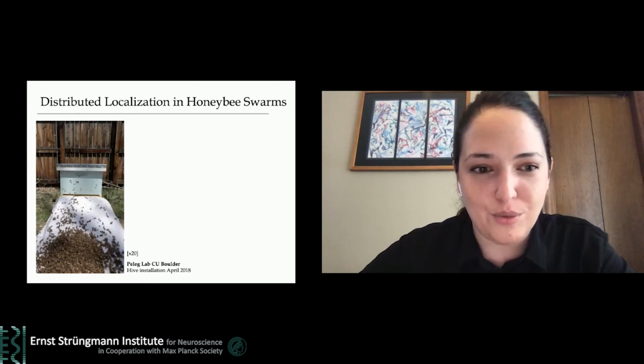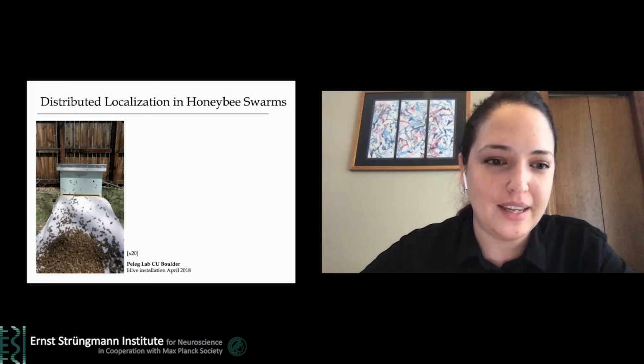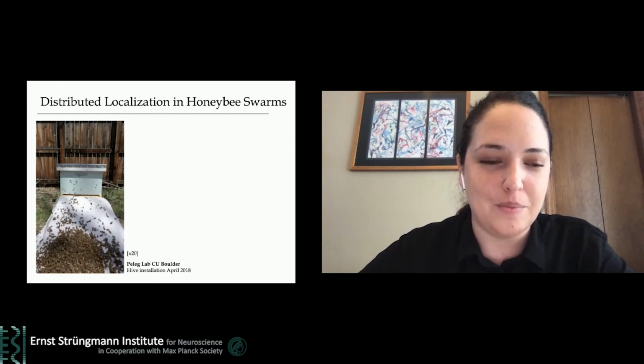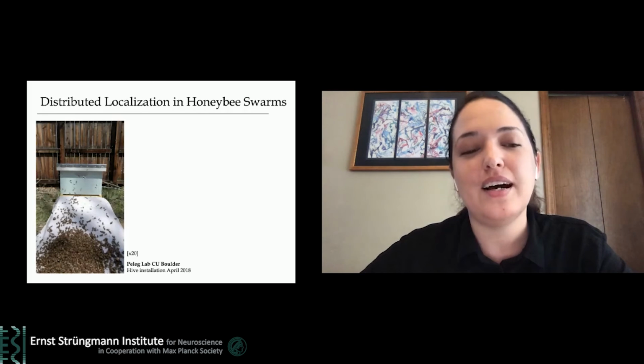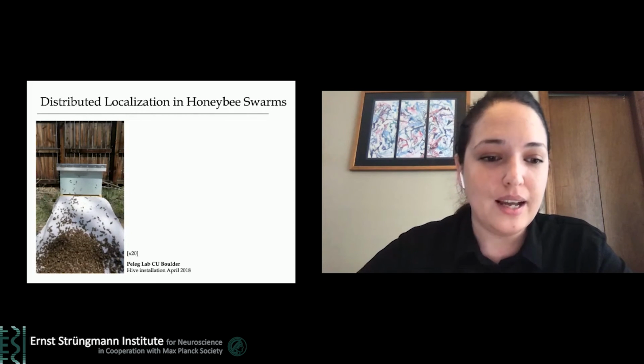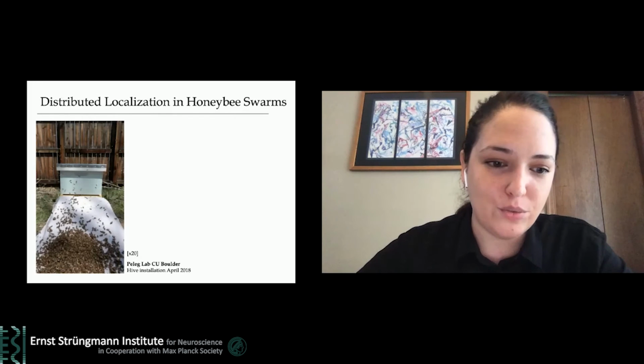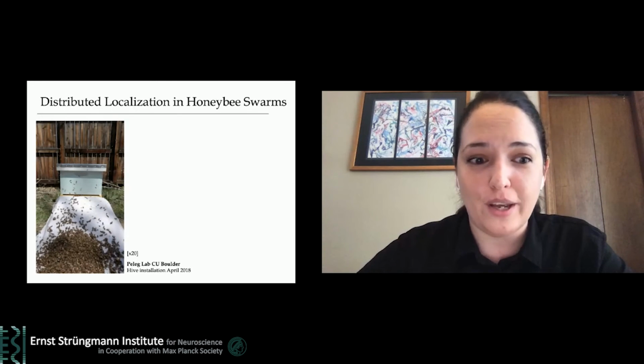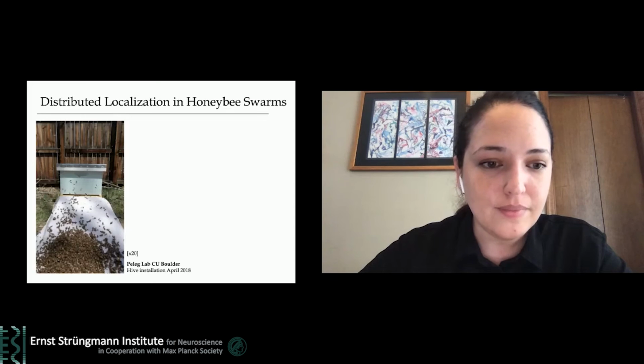So here again, we have a commercial beehive, and the queen of this hive is already inside the box. But we positioned the rest of the worker bees further away from the entrance.